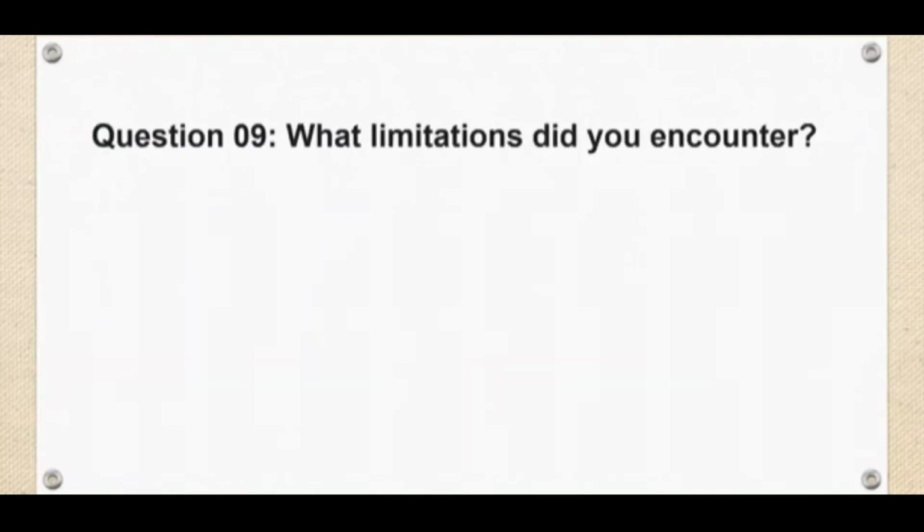The next question can be: what limitations did you encounter? Keep in mind, don't try to tell your interviewer or research panel about the limitations of your results or the limitations of your data. That can adversely affect your research project.